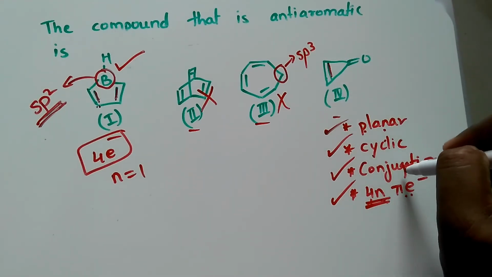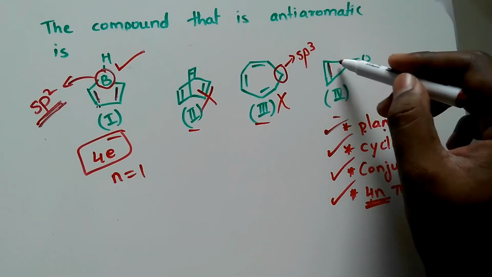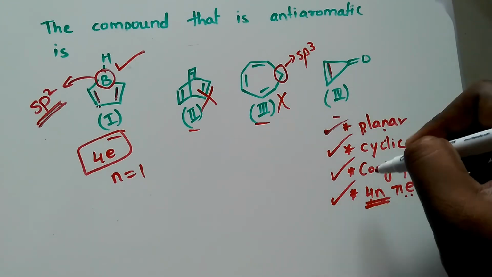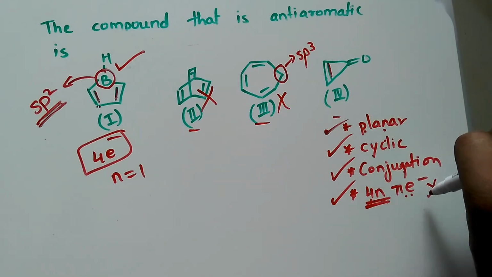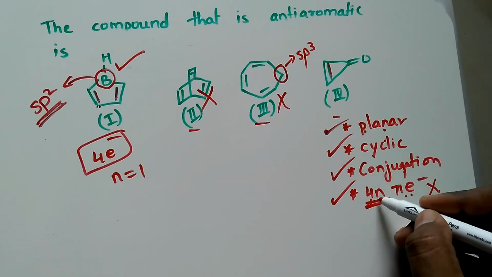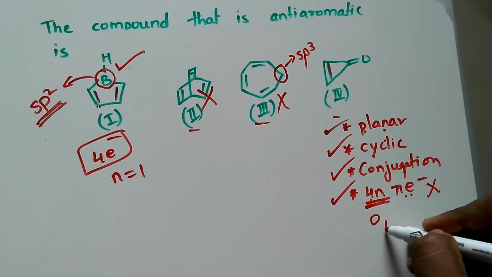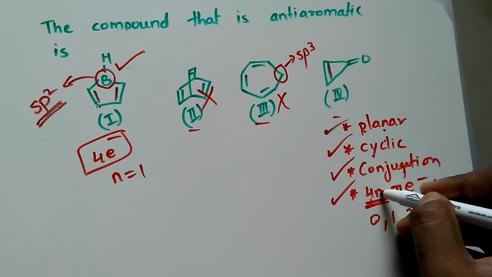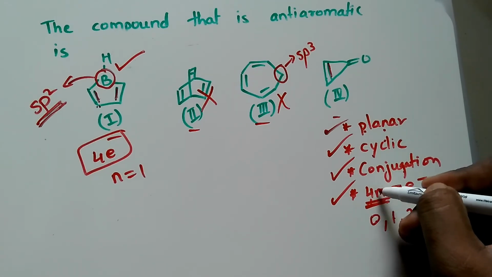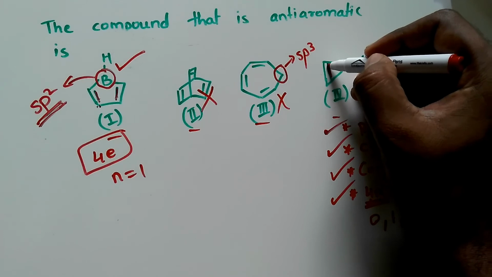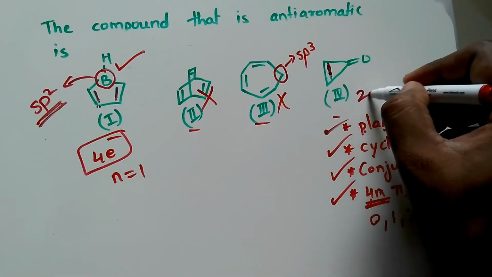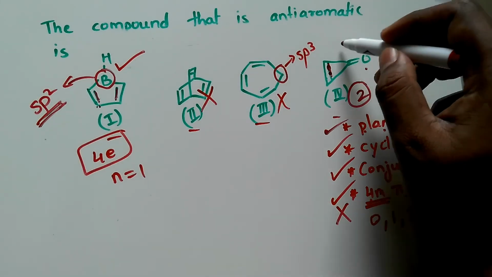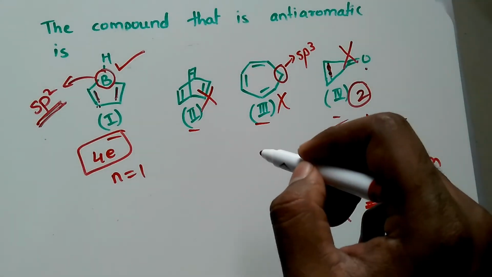Cyclic structure, yes. Conjugation, it can move about if the charge is there. What about 4n pi electrons? That condition is not satisfied. We can put the value of n as 0, 1, 2, 3. If you put 0, 4 times 0 is 0. If you put 1, 4 times 1 is 4. But how many electrons are here? 1, 2, only 2 electrons. So 4n pi electrons is not matching, so this is also not anti-aromatic.